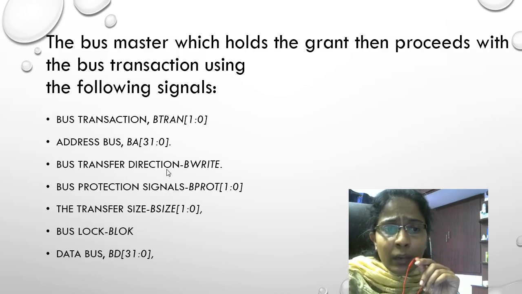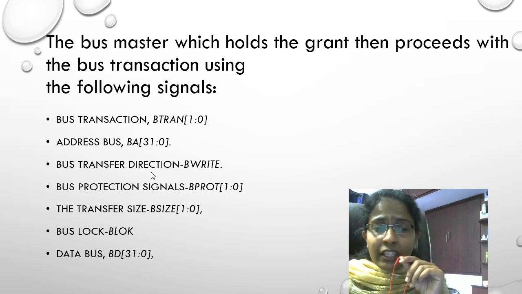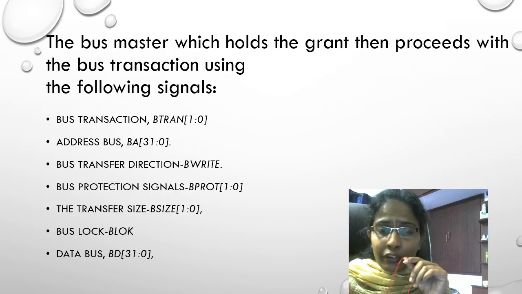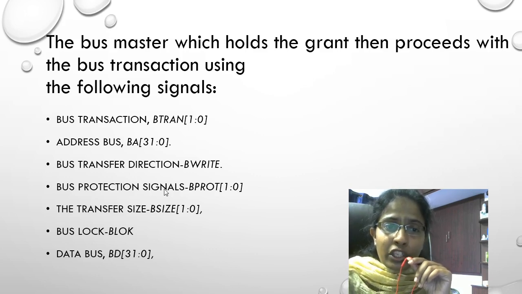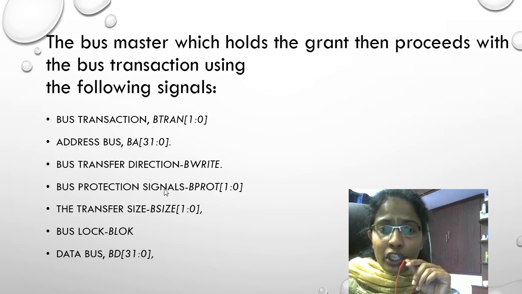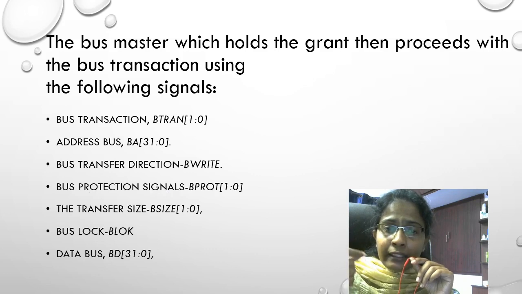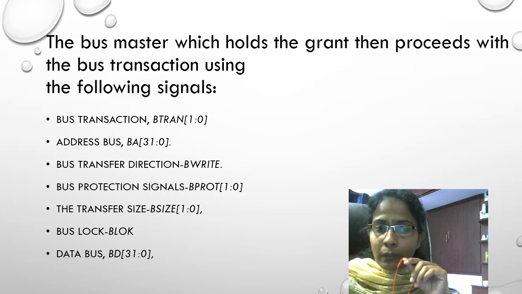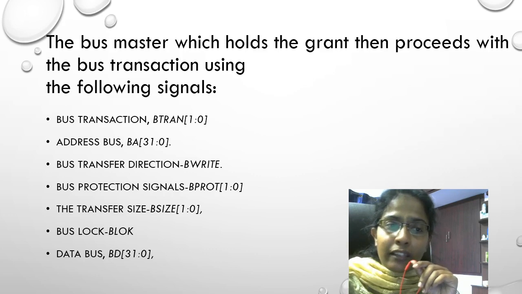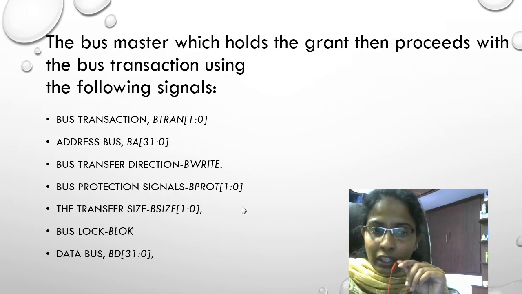The third one is the bus transfer direction, whether you are writing the data or reading the data, which is called direction. And the bus protection signals give information about whether we are fetching data or an instruction, and whether it is working in user mode or supervisory mode.